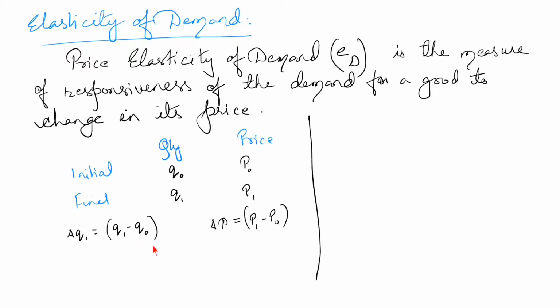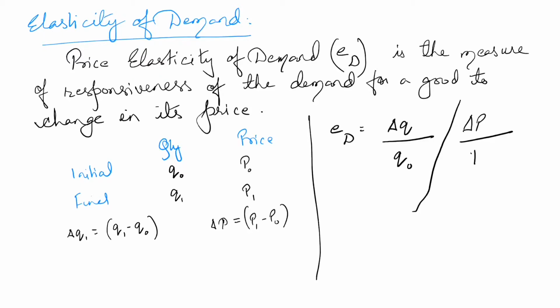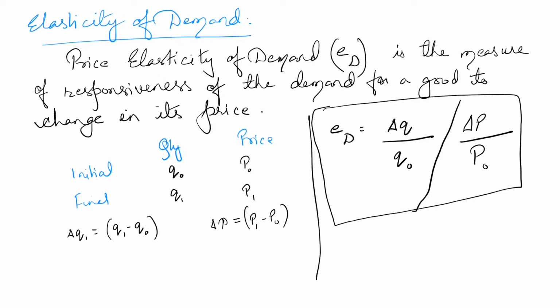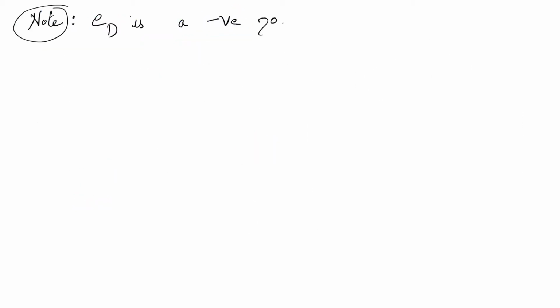And del Q is the difference of Q1 minus Q0, and del P is the difference between P1 and P0. And thus the equation for the price elasticity of demand will be del Q, change in quantity, by initial quantity, to del P, change in price, divided by initial price.